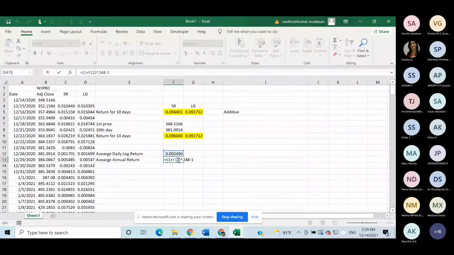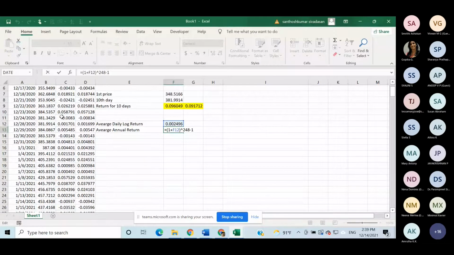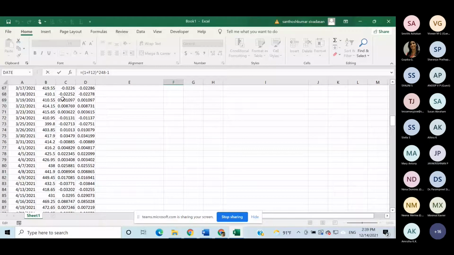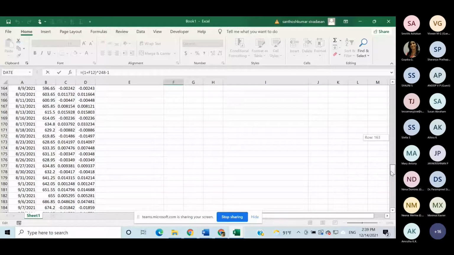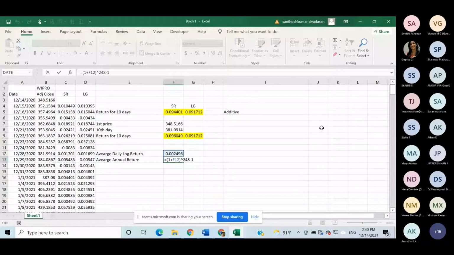You can check, initially the price was 348 and it reached 600 and something by the end, 645 or something. So this is the way you find it: 1 plus the average daily return to the power of the number of trading days.